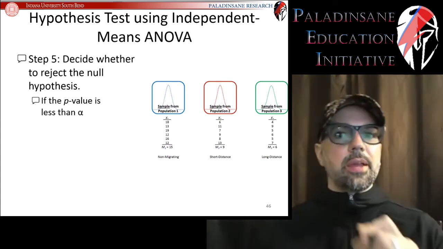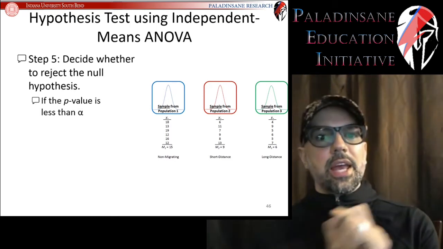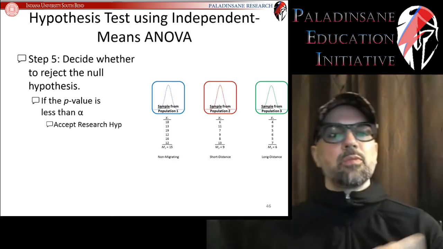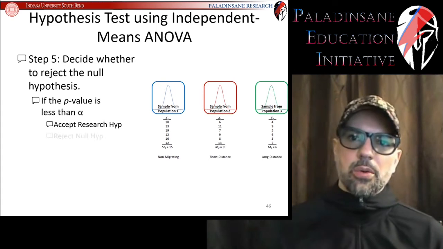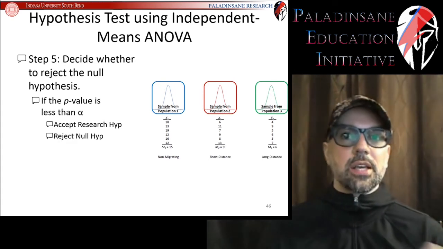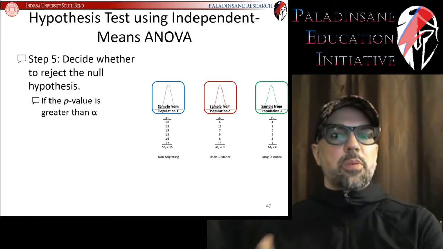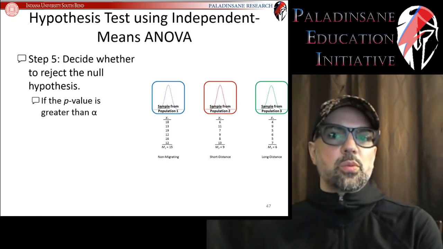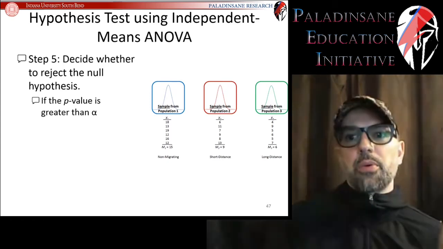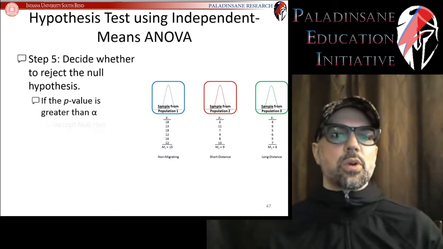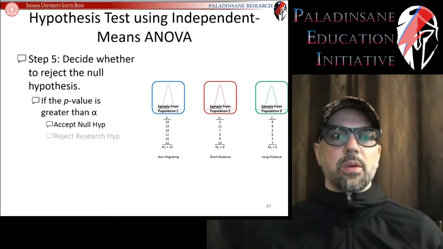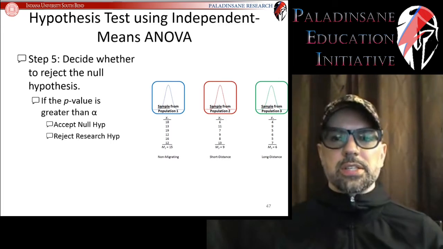So it's still going to be that if the p-value that we get is less than our alpha level, we're going to accept the research hypothesis and we're going to reject the null hypothesis. On the other hand, if the p-value is greater than our alpha, the probability of getting samples this weird is greater than our probability line in the sand. We're going to accept the null hypothesis and we're going to reject the research hypothesis.